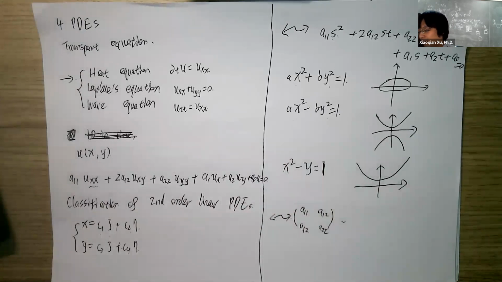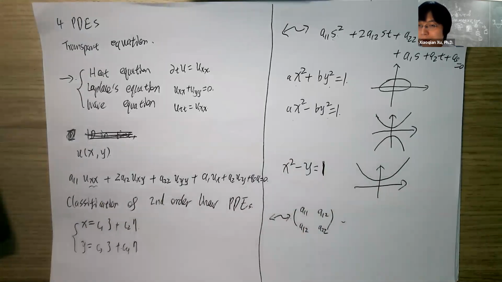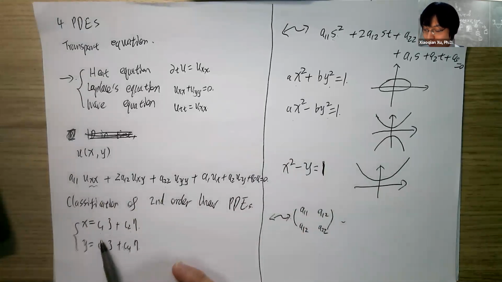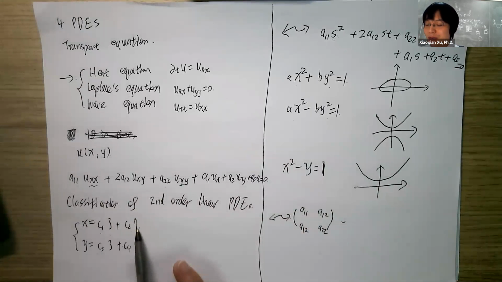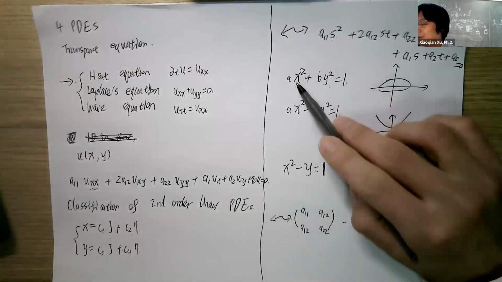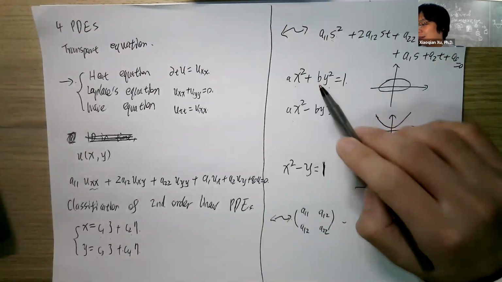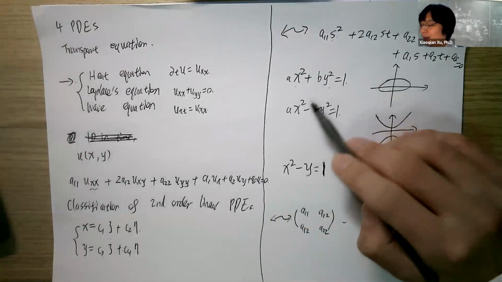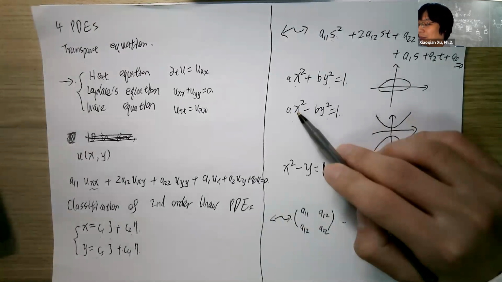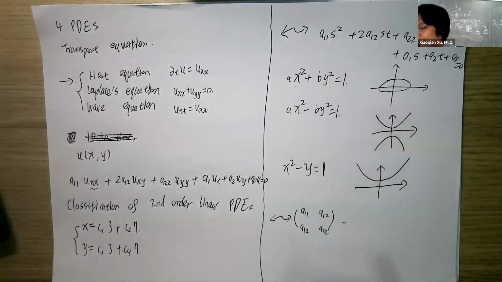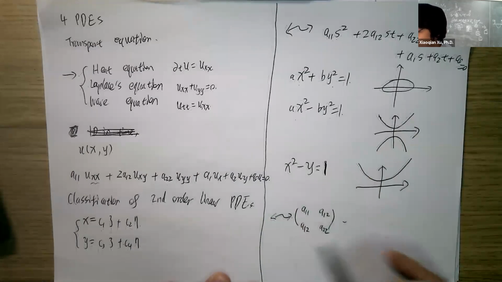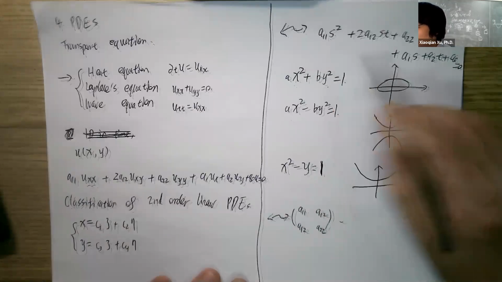Then what you want to do is a change of variable, either x is c1 xi plus c2 eta, y is c3 xi plus c4 eta, or s equals something like a1x plus a2y, and t equals some x plus some y. Then you try to map this change of variable to the matrix representation of this equation.